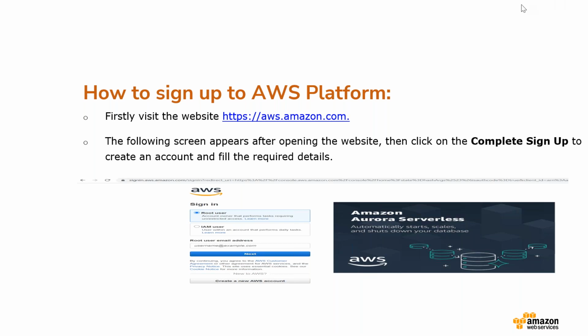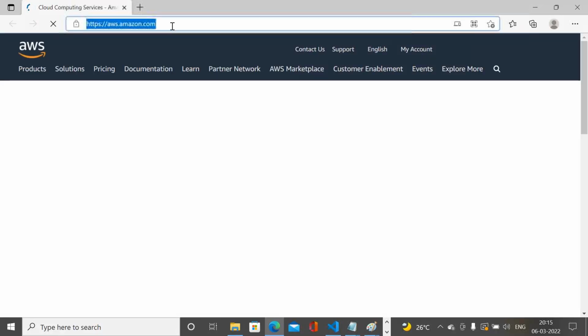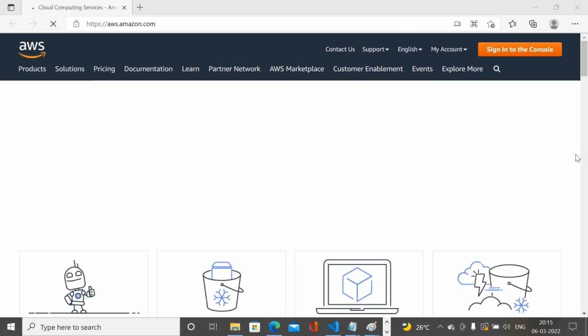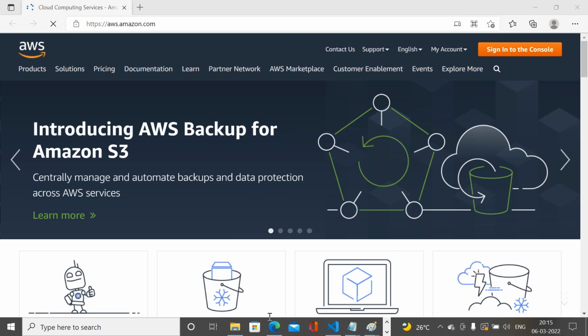How to create it? Just navigate to the AWS console page. I'm going to share it with you. This is the AWS web page. Once you log into this page, you'll see Sign in to the console.